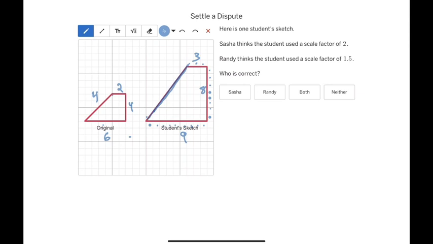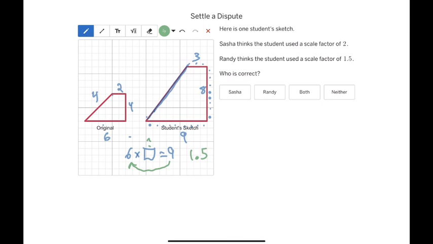So one thing that we can work on is it looks like 6 times something is 9, and we did that in the warm-up for the very first lesson of the year, and we said that if you go backwards, do 9 divided by 6, then you can figure out what that number is. And 9 divided by 6 we said was 1.5.